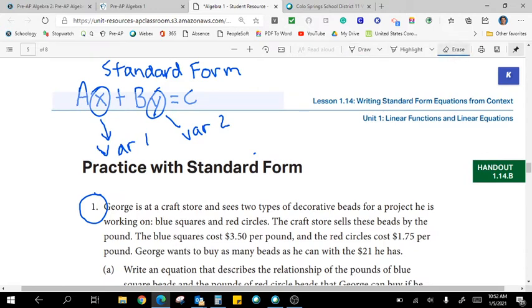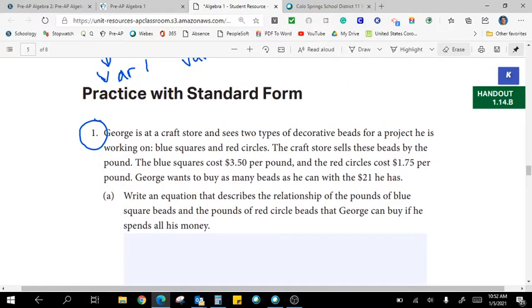Okay, so let's go ahead and read through the question here. It says George is at a craft store and sees two types of decorative beads for a project he is working on: blue squares and red circles.